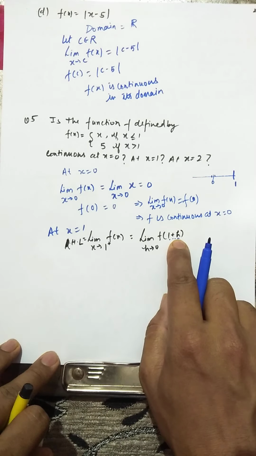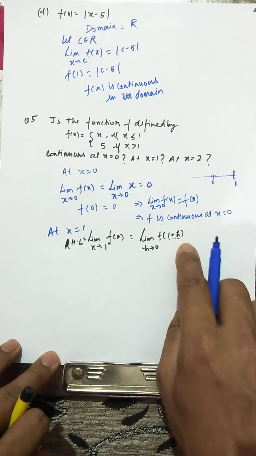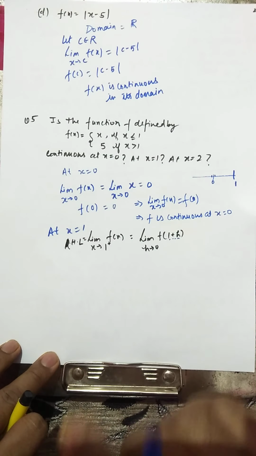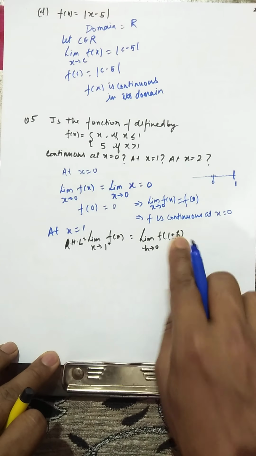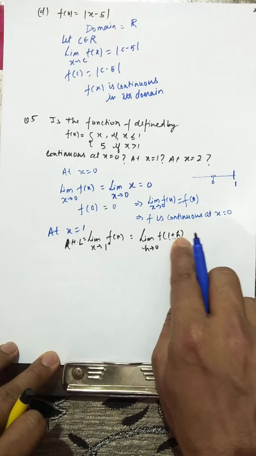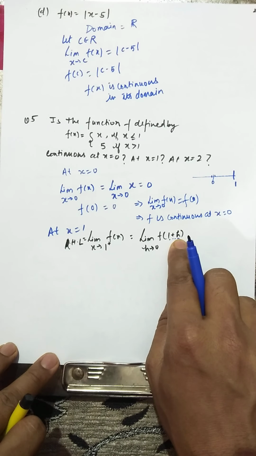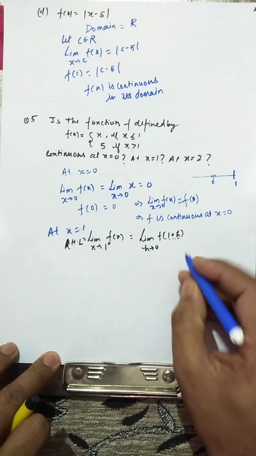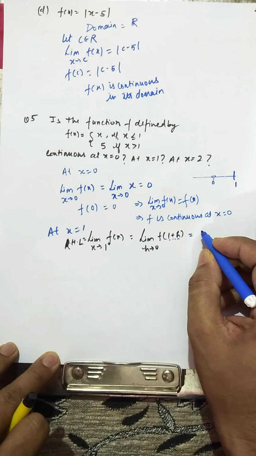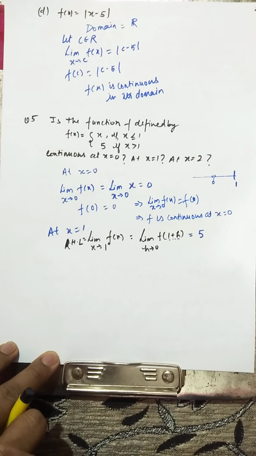So 1 plus h is greater than 1, and h is a very small positive value, as we have discussed in class 11th also. So 1 plus h will be greater than 1. If it is greater than 1, the value of the function is 5. So I can write this value directly as 5.